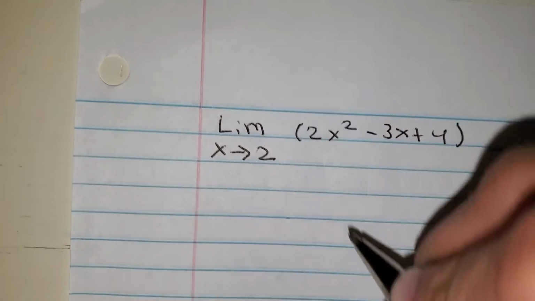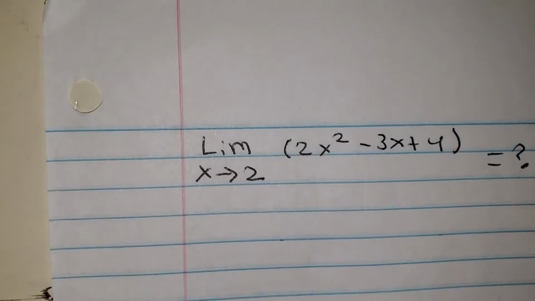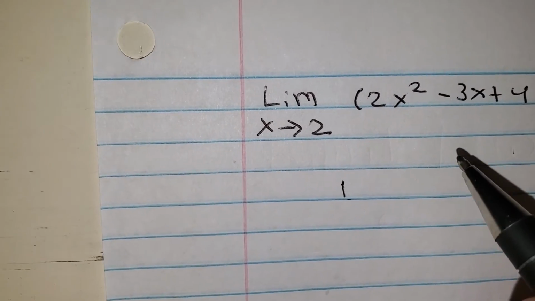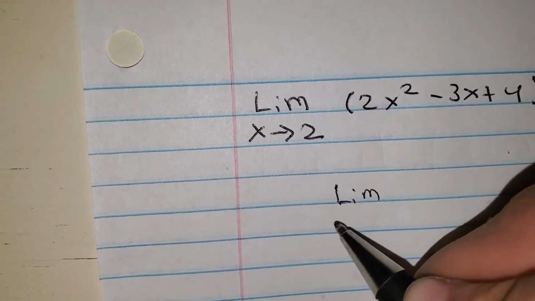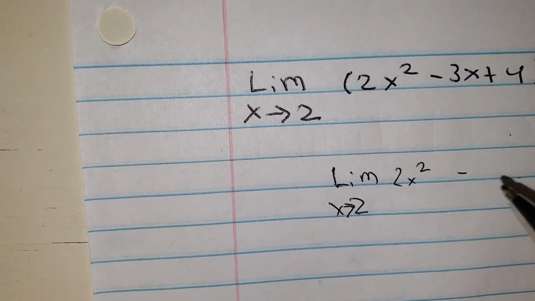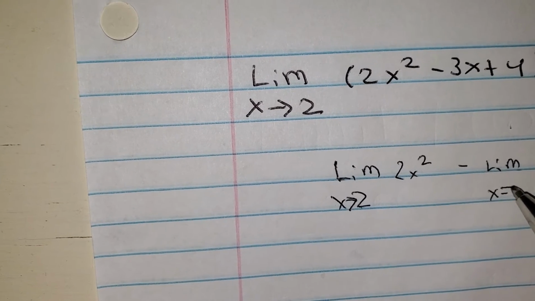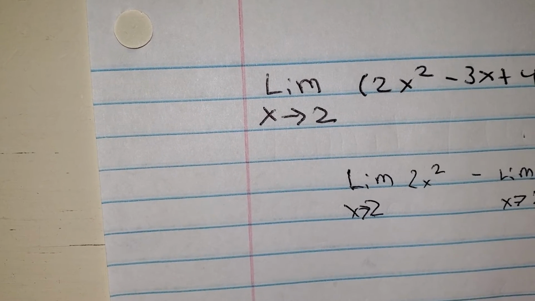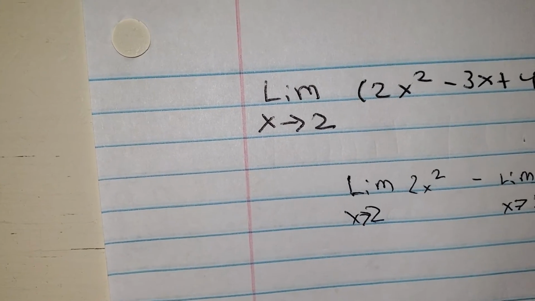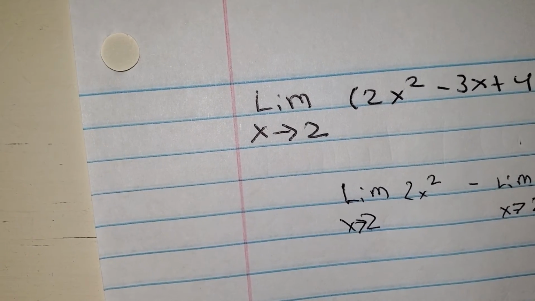To do so, we use the first law, where we can split the whole function apart. Instead of taking the limit of the whole thing, we take the limit as x approaches 2 of 2x squared minus the limit as x approaches 2 of 3x plus the limit as x approaches 2 of 4.